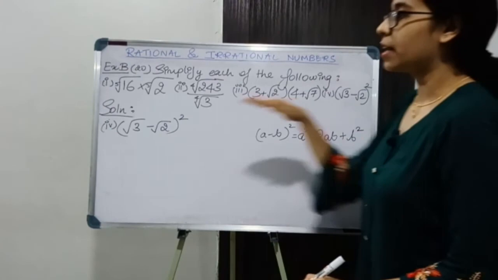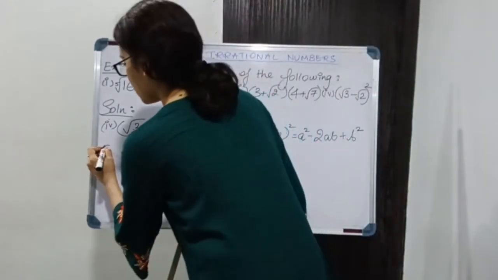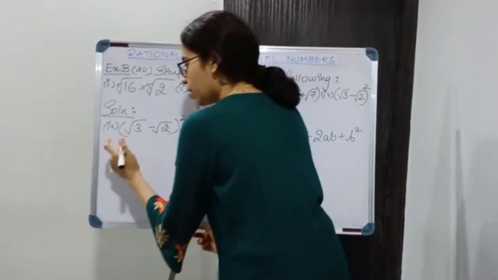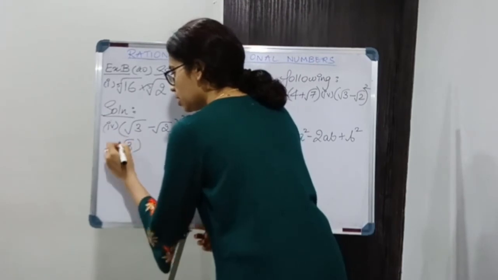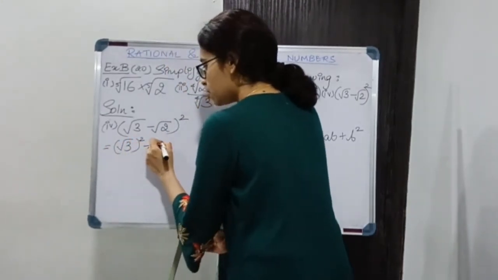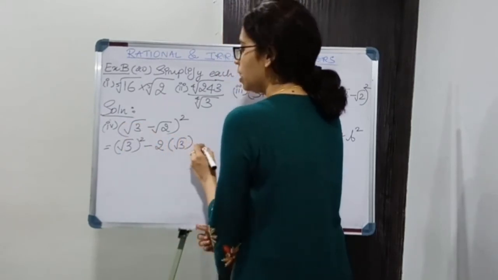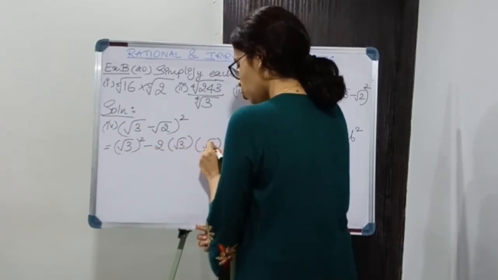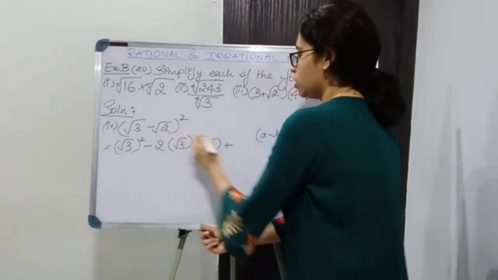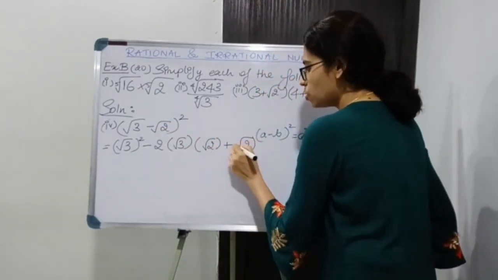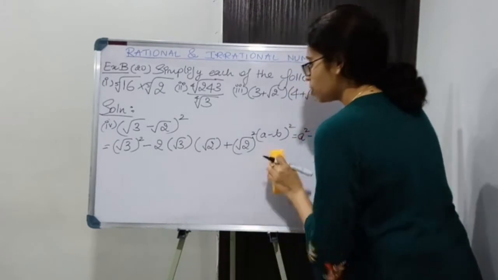So I'll apply this over here. A square will be root 3 square, minus 2 into a into b. So a is root 3 into b, that is root 2, plus b square. So b is root 2, its square will be taken.